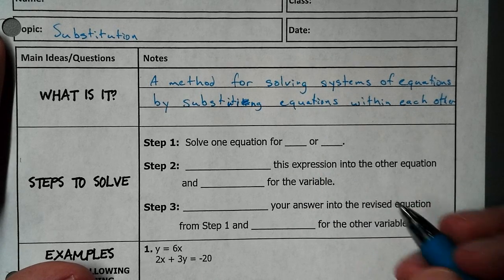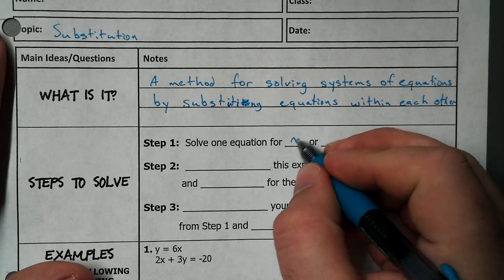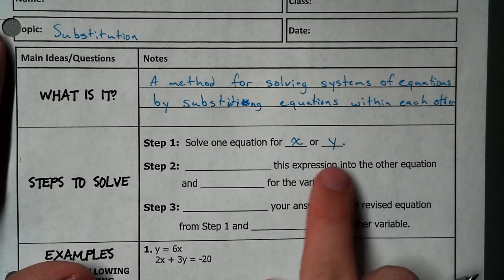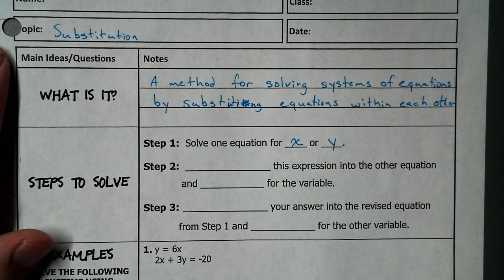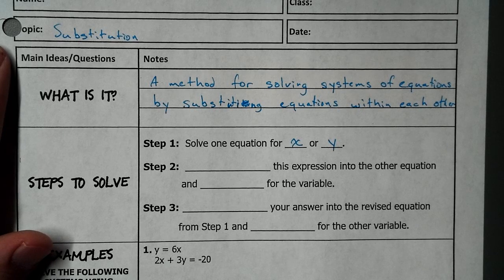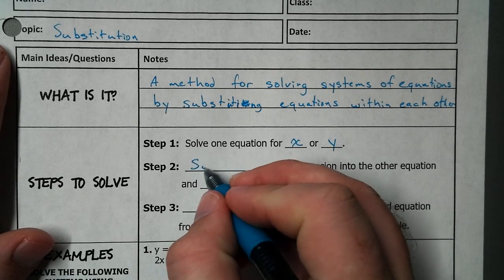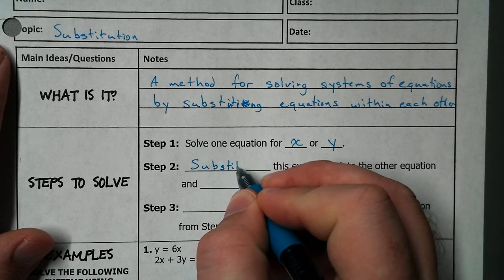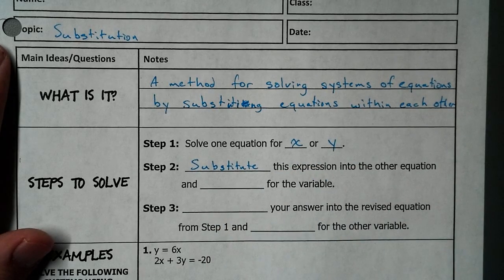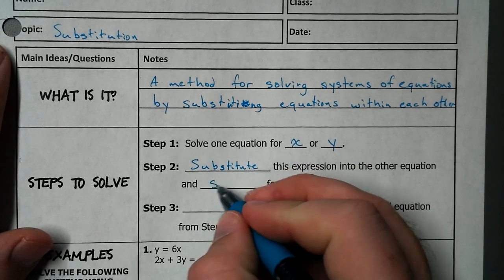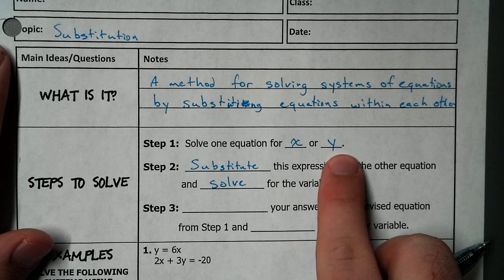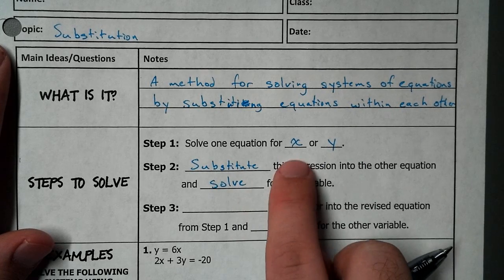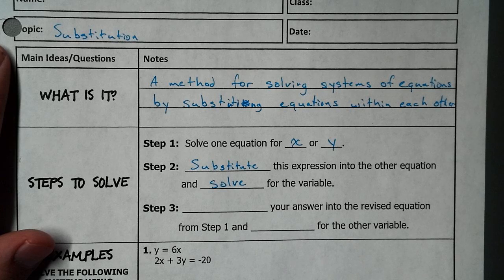Now, our first step is to solve the equation for either x or for y. If it's already in y equals, you have substitution. If it's in x equals, you have the substitution. Now, our second step is to substitute the expression into the other equation and solve for the variable. So basically, once you get it into x equals or y equals, you're going to plug in whatever that x and y is to solve for the other one.